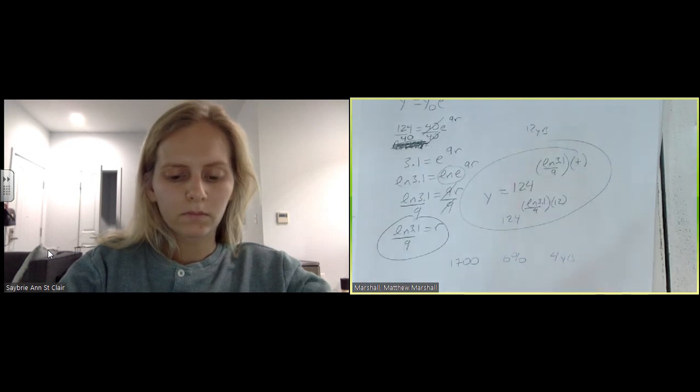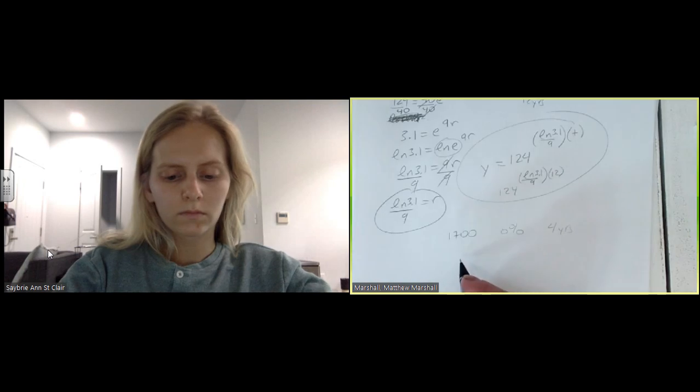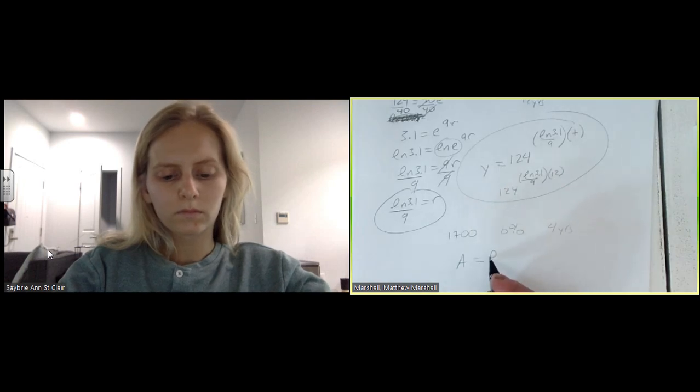Yeah, so this is a simple formula. A, the amount, is the principal times e to the rt again.